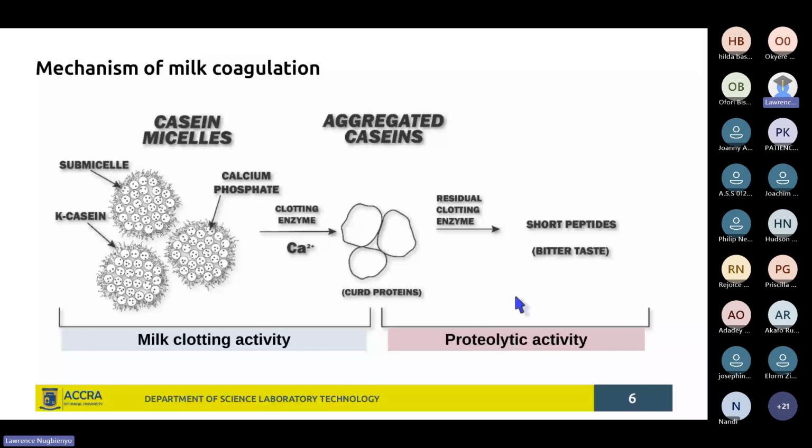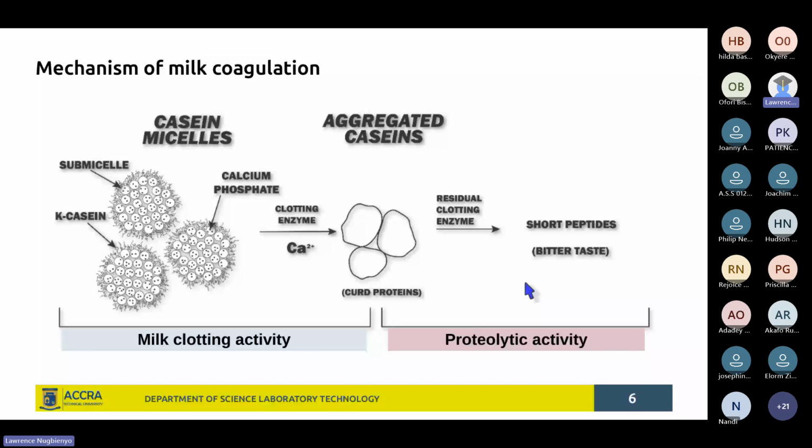And so you do have some measurements for the cheese product, comparative to chymosin, because chymosin is taken as a standard that produces, let's say, the standard cheese.